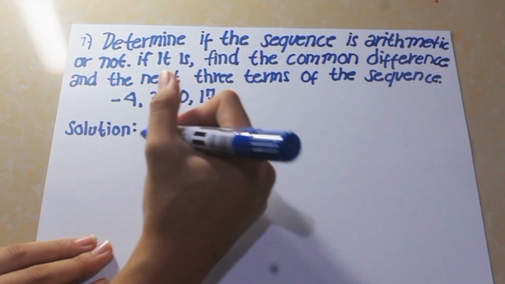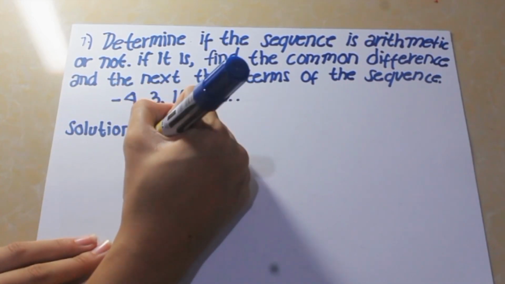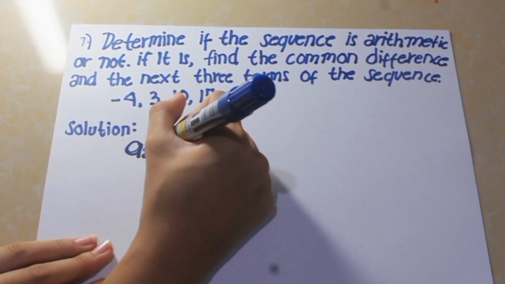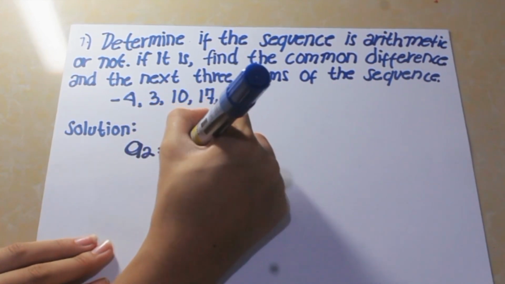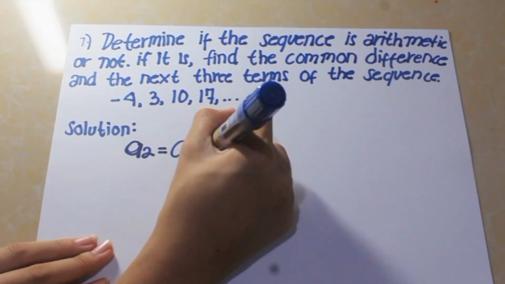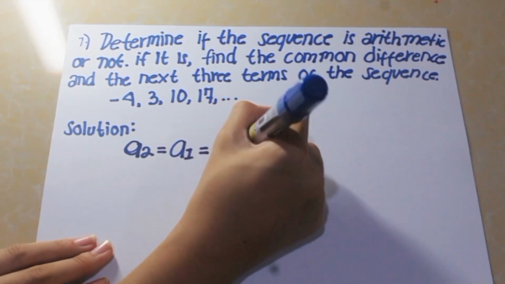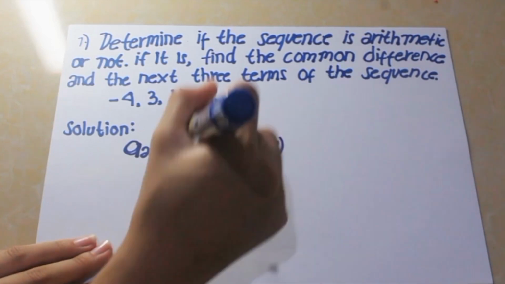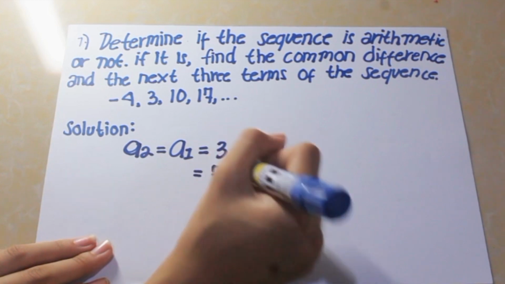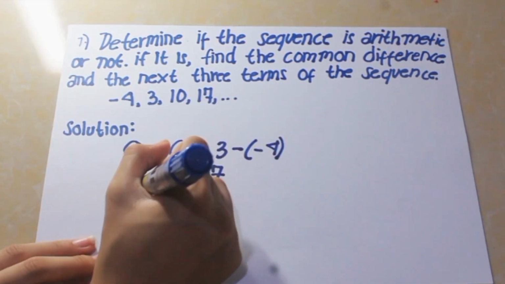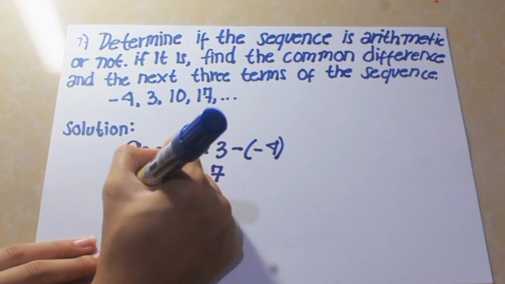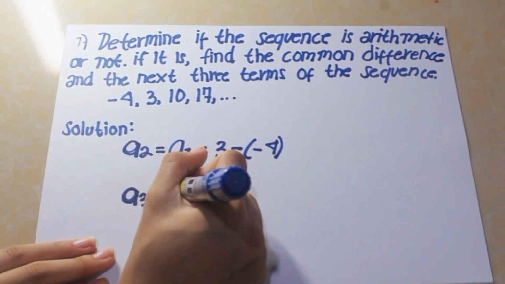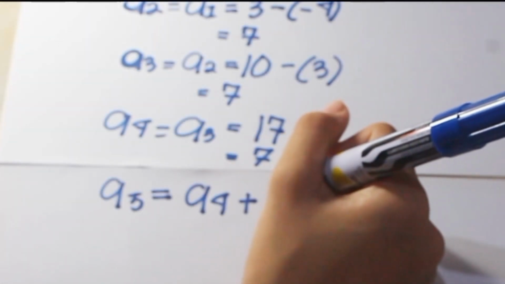To determine if a sequence is arithmetic, we need to check if there's a consistent difference between consecutive terms. To do this, we calculate the difference between the second term, a sub 2, and the first term, a sub 1, which is 3 minus negative 4 equals 7. Next, we find the difference between the third term, a sub 3, and the second term, a sub 2, which is 10 minus 3 equals 7.